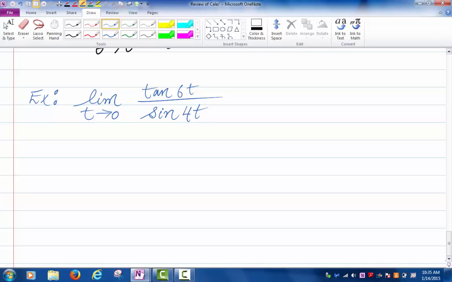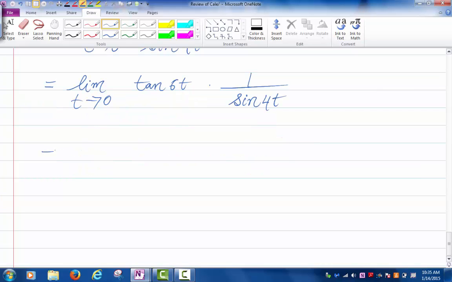Tangent to sine and cosine. Okay, so this would be equal to the limit as t goes to 0. First of all, what I'm going to do is write this as tangent of 6t times 1 over sine of 4t, and then I am going to convert tangent.